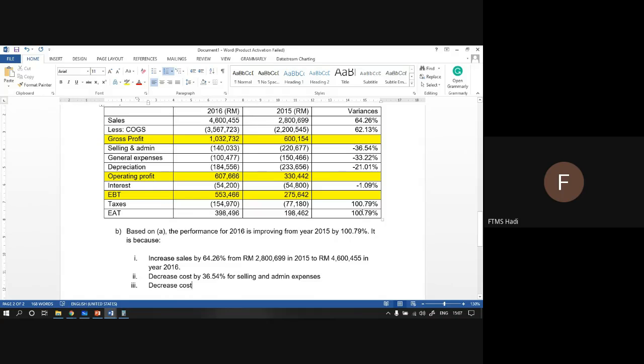The formula is simple: if you decrease the cost, the profit will be higher. But if you increase your cost, the profit will be smaller. Then 33.22%.